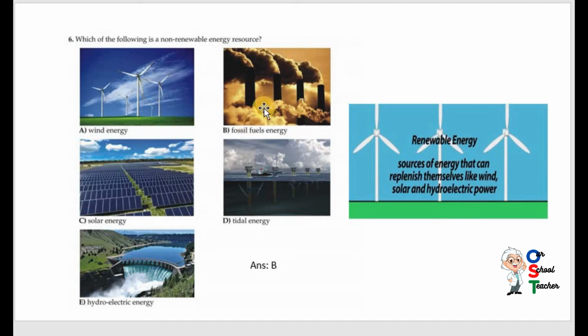And if you use them and they are finished or they are not able to be reused, they are known as non-renewable energy. So wind energy, solar energy, hydroelectric energy and tidal energy, all four are renewable energy. Only fossil fuel energy is non-renewable. That is, B is correct.